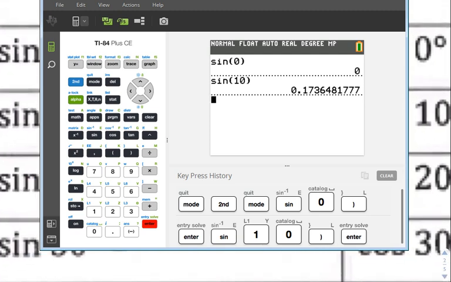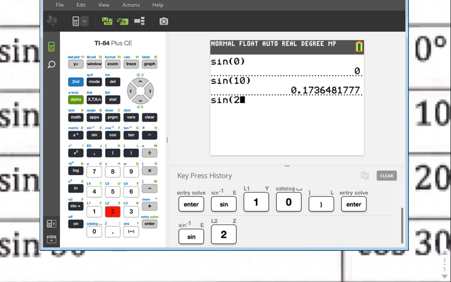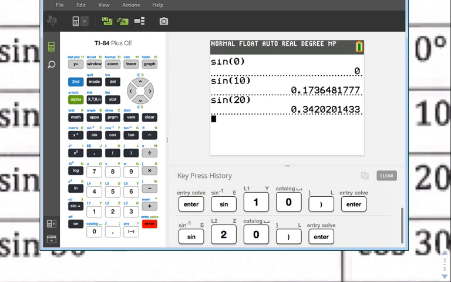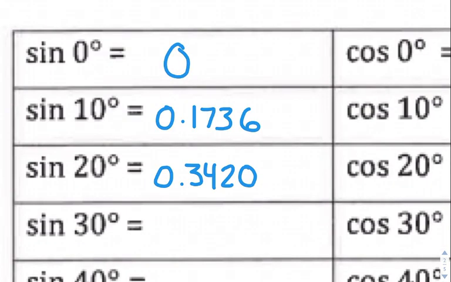This is going to be 0.1736. Now I do it with sine 20. Sine 20, enter, and I get 0.3420. I want you to fill in that chart as much as you can.